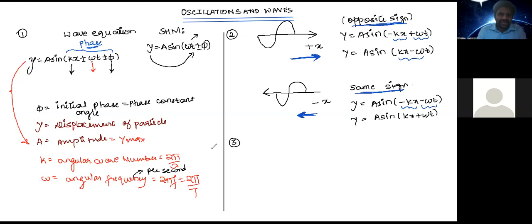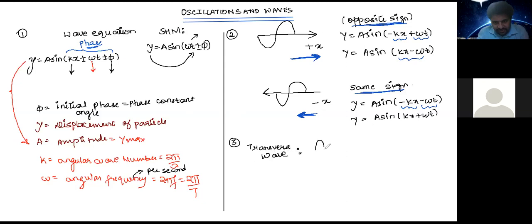So what was the next thing that we read, Atul? Different kinds of waves, sir. We have different types of waves: transverse wave and longitudinal wave. So what is a transverse wave?